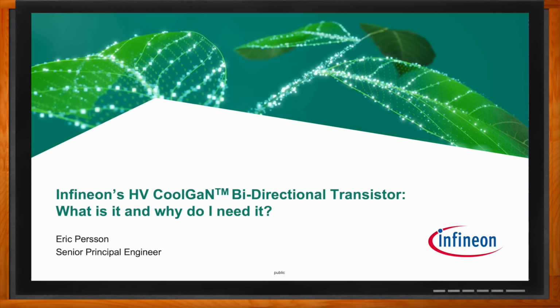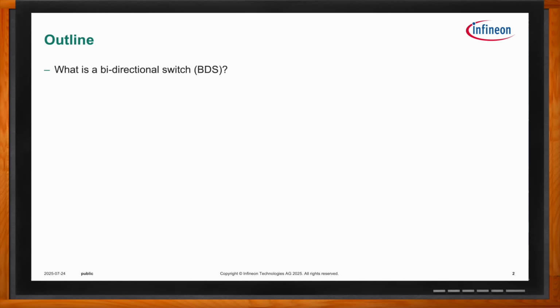Excellent. All right, so we're talking about Infineon's HV CoolGaN bidirectional transistor today. But Eric, before we get started, what all will we be covering? Let's start with what is a bidirectional switch, because I think there's some confusion on that topic. So I'll explain that. I'm going to talk about what applications use this bidirectional switch concept today. What are the limitations of using traditional transistor technologies like silicon, IGBTs, even BJT, or silicon carbide.